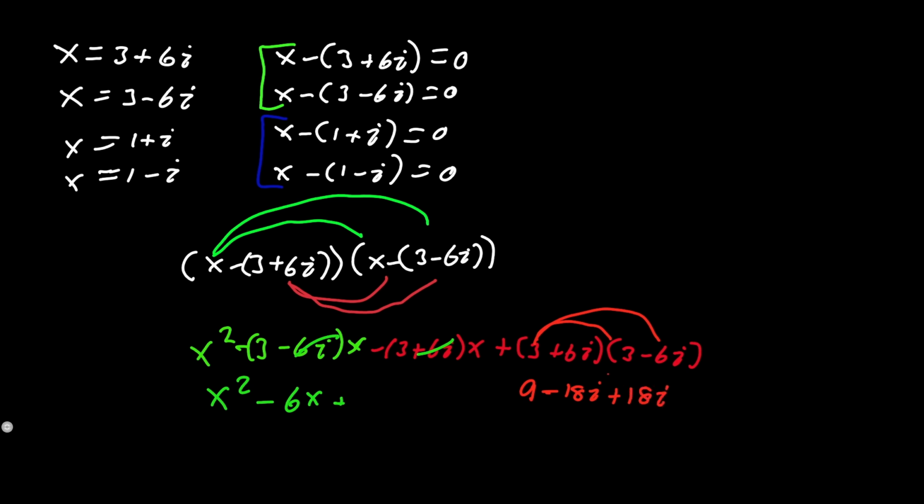And we have 6i times 6i, which is 36i squared. So the imaginary counterparts will cancel out, and we are left with 9 minus 36i squared. i squared is simply negative 1, so it is 9 plus 36, and 9 plus 36 is 45. So we have x squared minus 6x plus 45 is equal to 0.